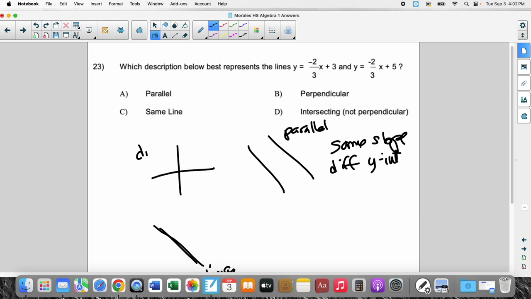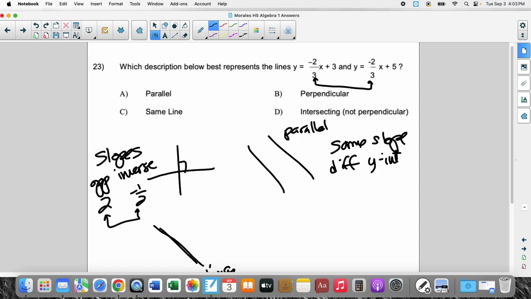They can intersect and they can be perpendicular. When they're perpendicular, their slopes are opposite inverses. So if it was 2, the opposite inverse would be negative 1/2. Those are examples of that. So we look at their slopes.